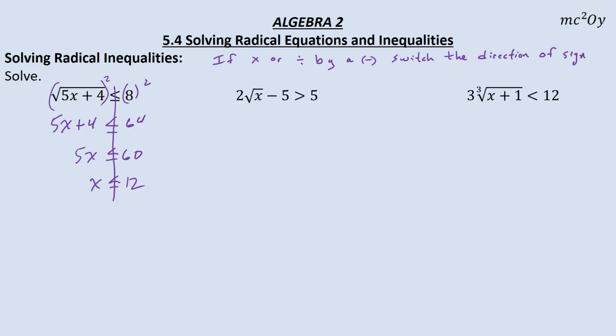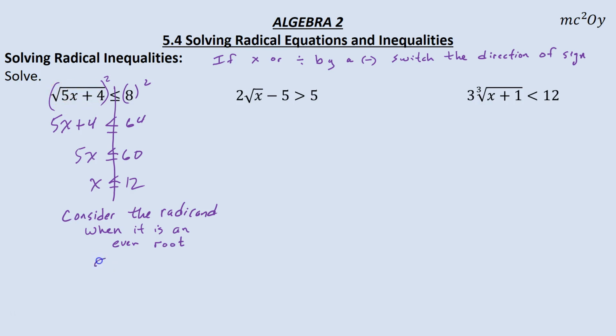Now one thing you have to focus on here is what's called considering the radicand when it is an even root. Okay, remember, with an even root, you can't have a negative number inside. So this is an even root, it's a square root.